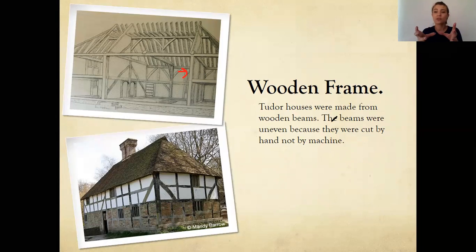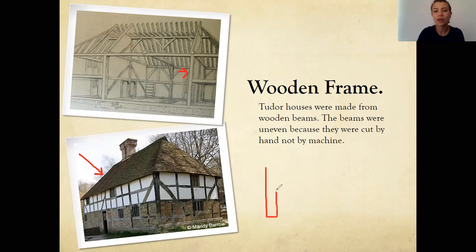The beams or frames were uneven, which means that, as you can see at this house, we can see it perfectly. It's uneven because they weren't cut by machine. They were cut by hand. So the wooden frames of course won't be the same size, and because it was made by hand, it's uneven, as you can see here.